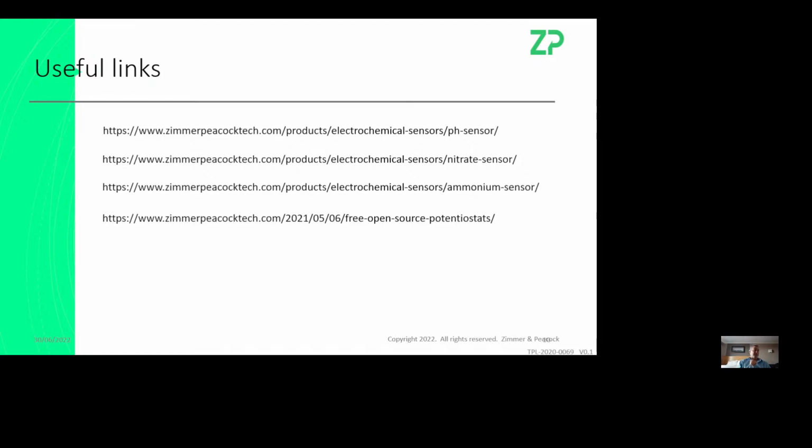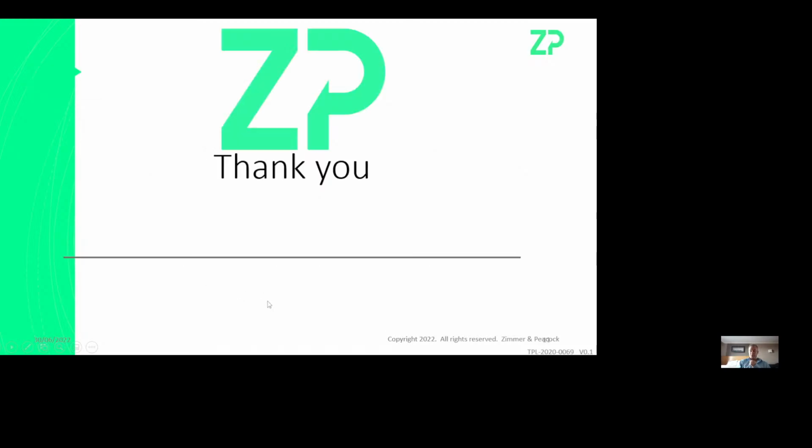I think this landing page we have on open source potentiostats is probably the most up to date and the most comprehensive at the moment. We do curate it, we do keep it up to date. The total biosensing solution will give you a sense of how small you could really make these things. I think that should be good inspiration for you.